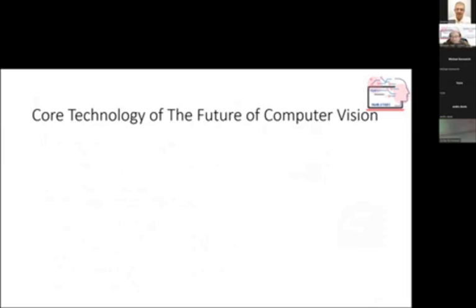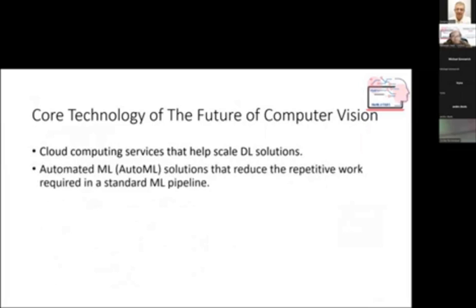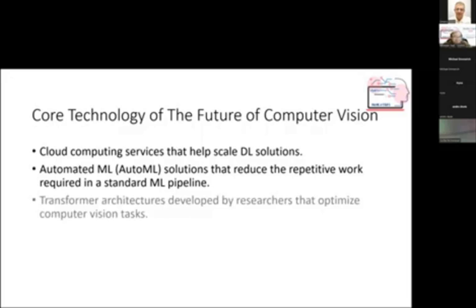So, looking at the core technology of the future of vision, the field of computer vision is rapidly transforming industries like automotive, healthcare, and robotics, and it can be difficult to stay up to date on the latest discoveries, trends, and advancements. The core technologies that are influencing and will continue to shape the future of computer vision development in 2022 and beyond are cloud computing services that help scale deep learning solutions, and then automated machine learning solutions that reduce the repetitive work required in standard machine learning pipelines.